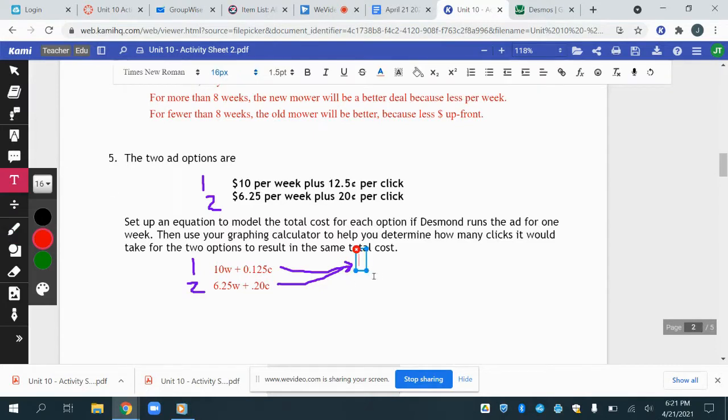All right, so I'm going to say the same total cost. So the top one and the bottom one should be the same cost. They should be equal. So I'd write 10W plus 0.125C should equal 6.25W plus 20C. There's something missing here.